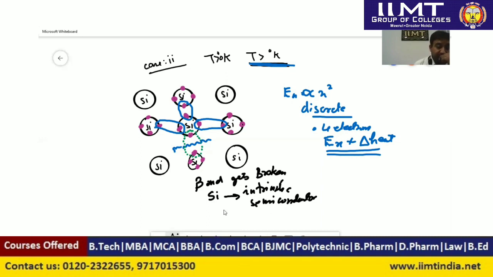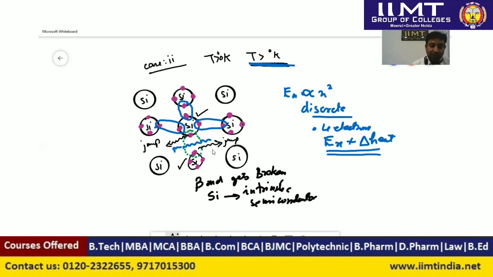So when pure silicon has its bond broken, either this electron will jump or this electron will jump, and it happens randomly. We cannot tell which electron will jump.